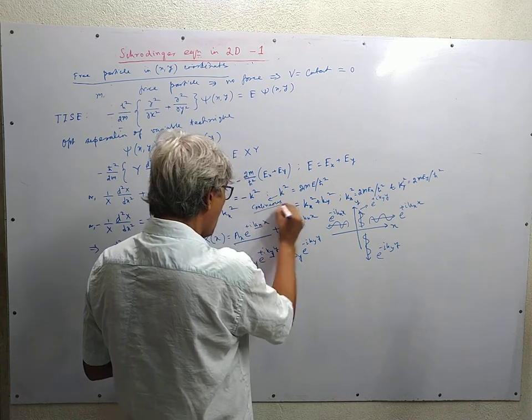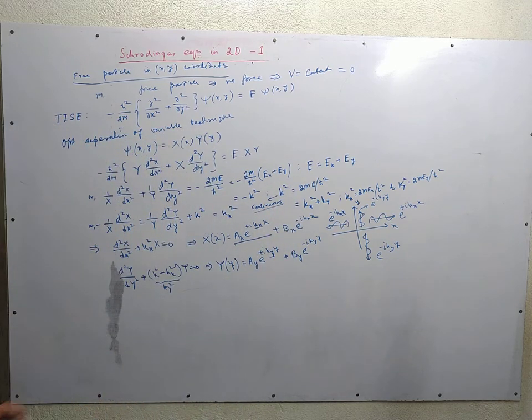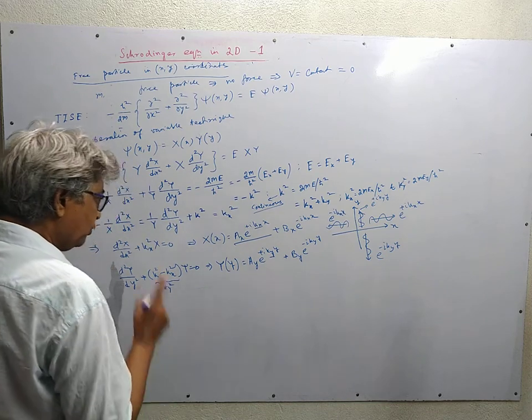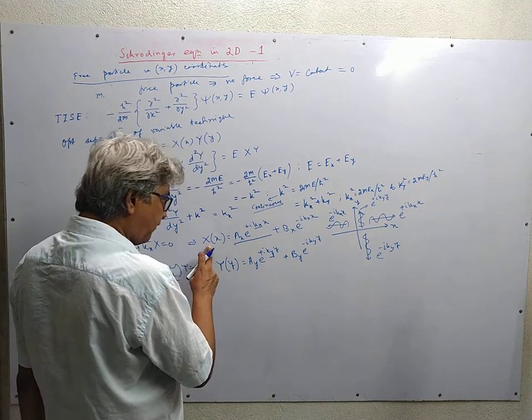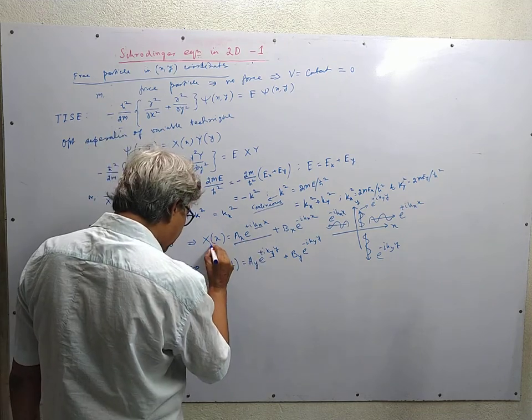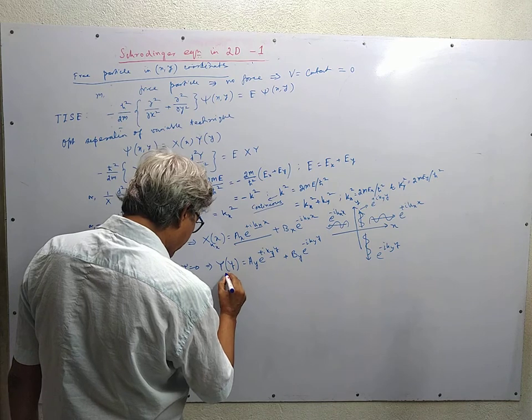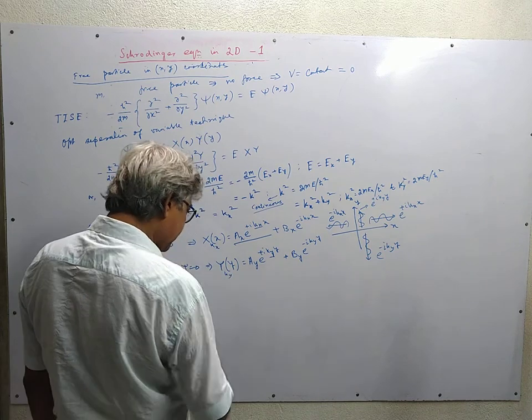So there is no quantization, as we have seen in the case of the one-dimensional free particle. Note one thing: this wave function depends on kx, so it is legitimate to introduce a continuous suffix.